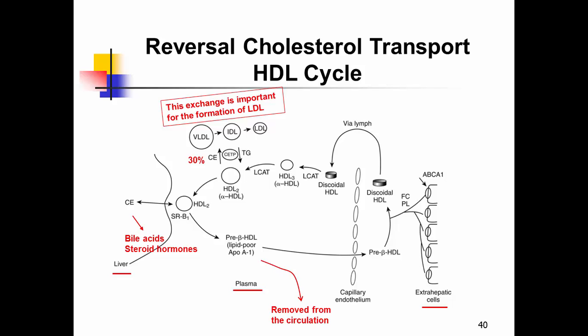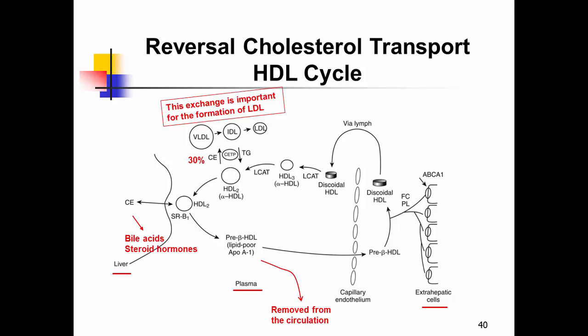In the meantime, triglyceride is transferred from VLDL and LDL to alpha HDL. So eventually, alpha HDL is still cholesterol ester rich, but it also has more triglyceride compared to the initial pre-beta HDL or discoidal HDL.